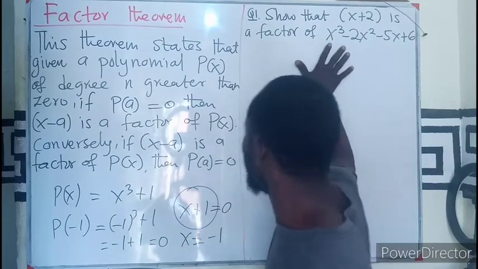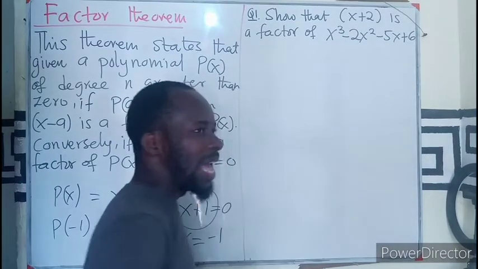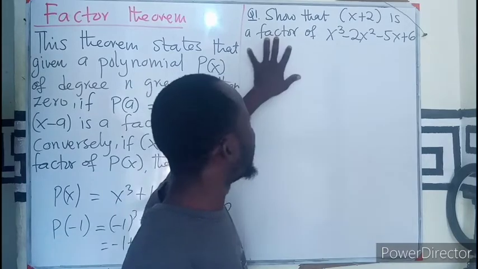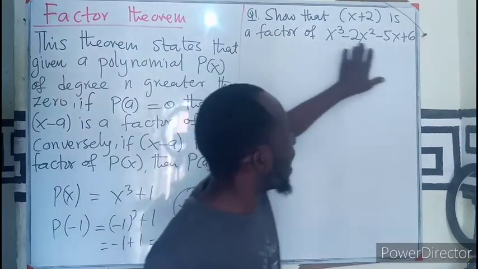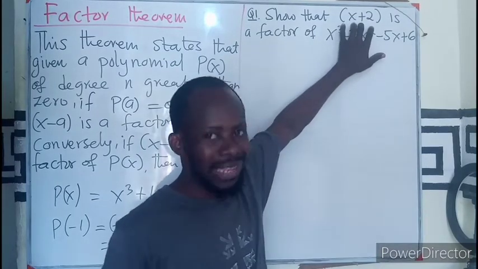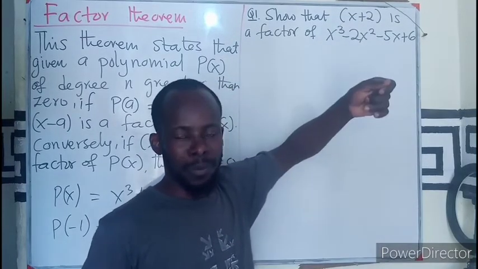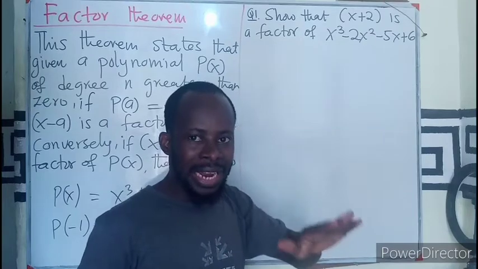So what we have here is that we have to show that x plus 2 is a factor of this given polynomial. Simply put, if we divide this polynomial by this, we should have 0 as the remainder.